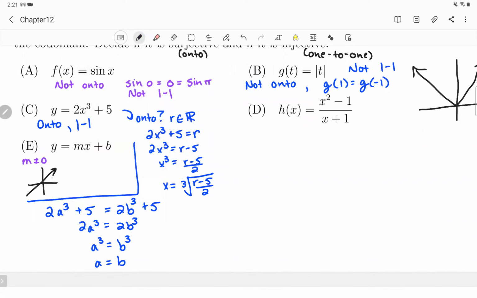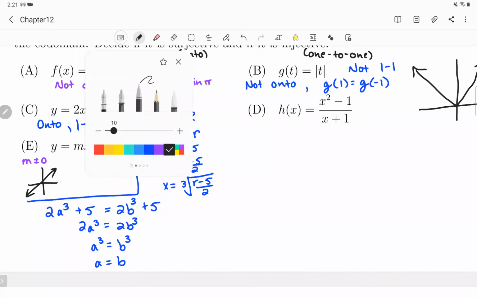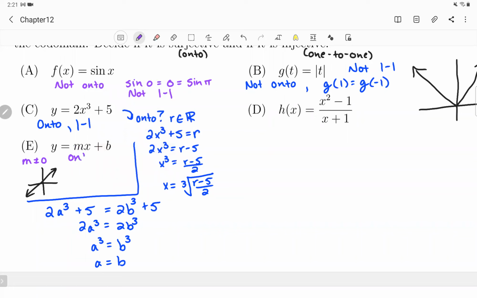It goes upward, or maybe downward, but is it eventually going to cover all y values? Yeah, as long as my slope's not 0, it will. So if m does not equal 0, yes, it's onto. Is it going to be 1-to-1? Yeah. If m equals 0, it doesn't get either, but as long as my slope isn't 0, it is 1-to-1 and onto. So it's a bijection.